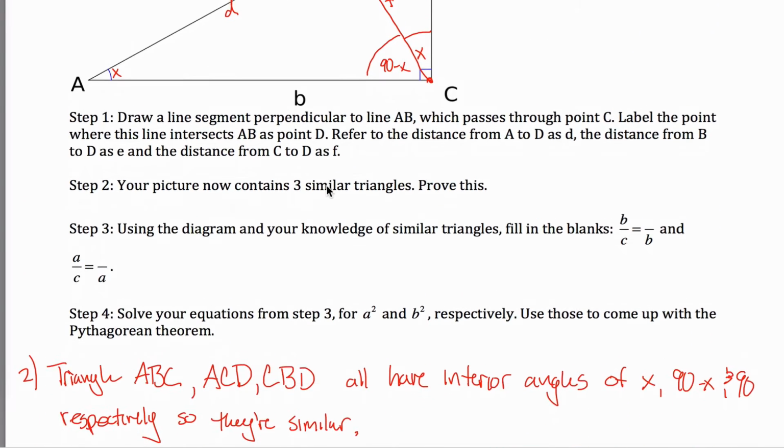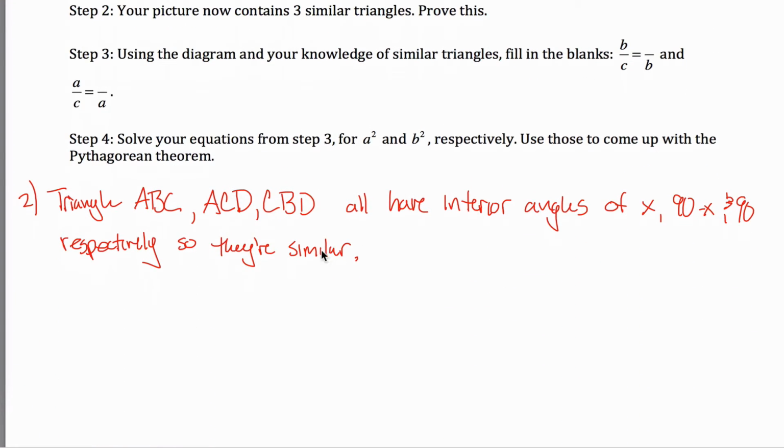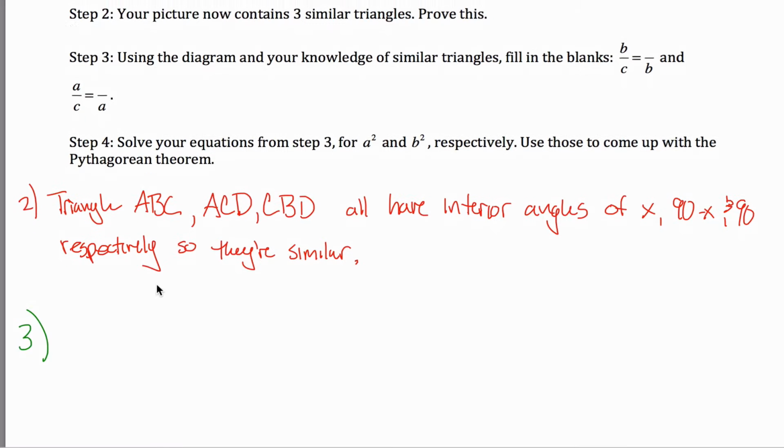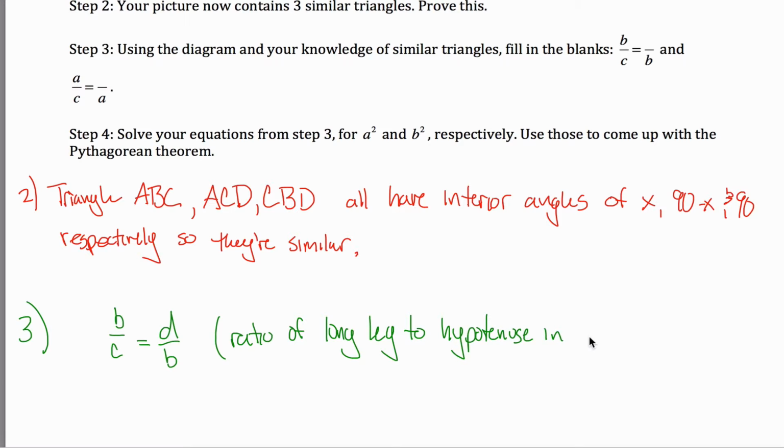And that similarity will tell me that the long leg divided by the hypotenuse has to be the same as, when I look in this triangle here, the long leg, which is D, divided by the hypotenuse, which is B. So for part 3, I would say that B over C is equal to D over B, the ratio of long leg to hypotenuse in ABC and ACD.